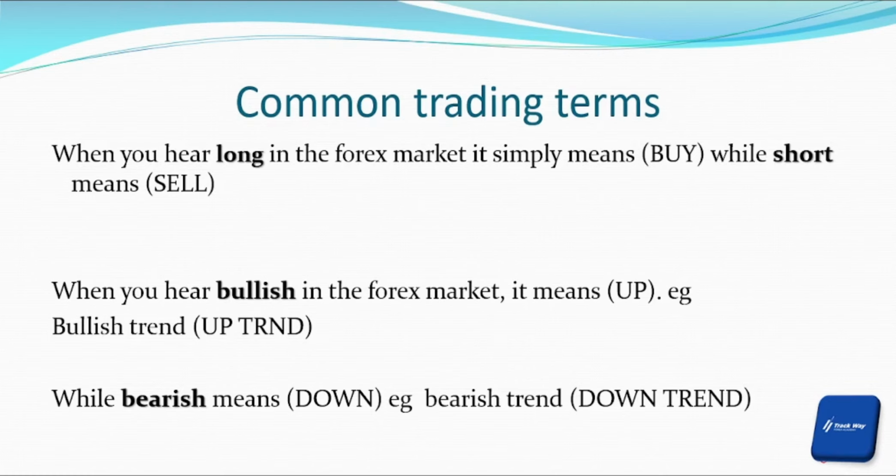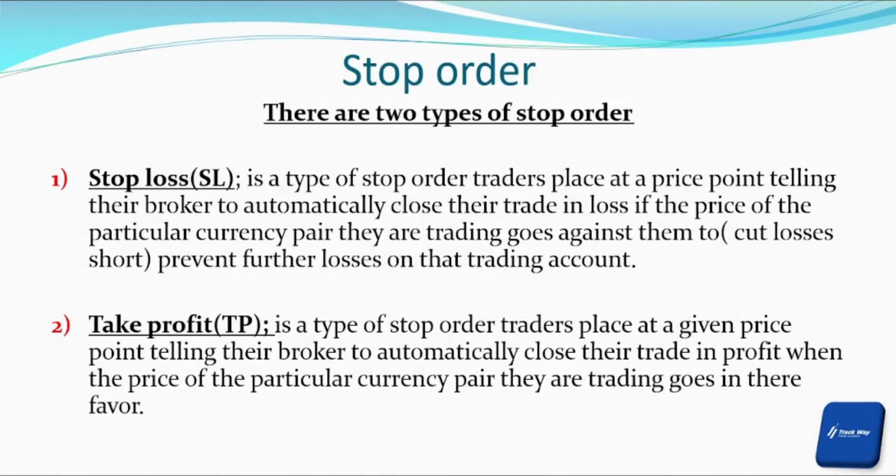So let's move to the next one, which is the stop order. We have two types of stop order in the forex market or the financial market in general. We have the stop loss, which is the SL, and the take profit, which is the TP.